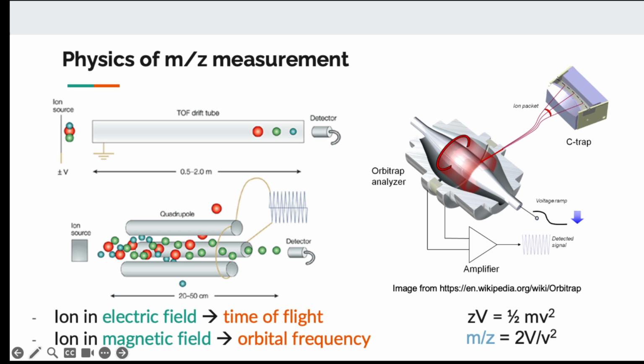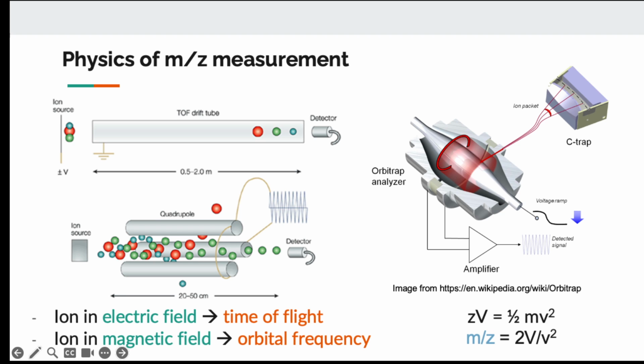If you apply a voltage, ions with more charge will run faster due to the electric field. So what you can do is accelerate all the peptide and protein ions, everything in your sample, with a certain voltage, and then you measure how long it takes for those molecules to travel through your mass spectrometer until they hit a detector at the other end.